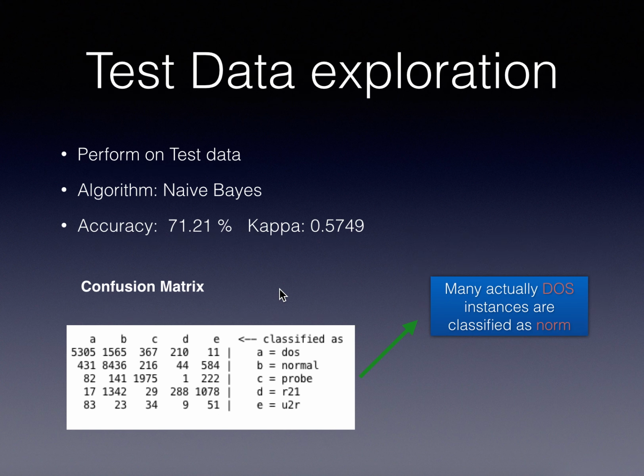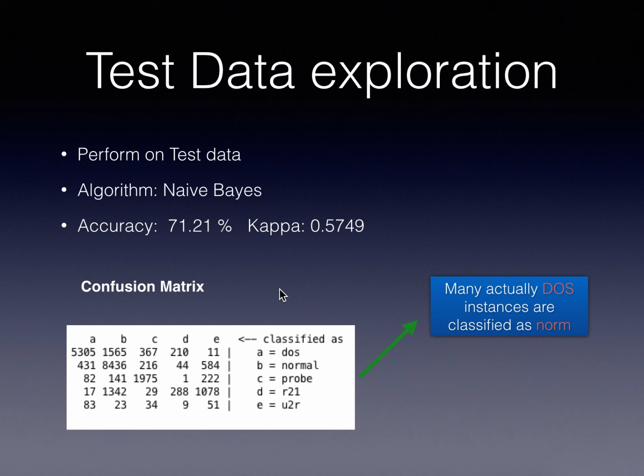And then I perform naive Bayes on the test data, and I get an accuracy of 70% and a kappa of 0.5. So you can see that the accuracy and kappa are not as good as the result of the binary classification. But this 5-label classification is much closer to practice, to the real situation.